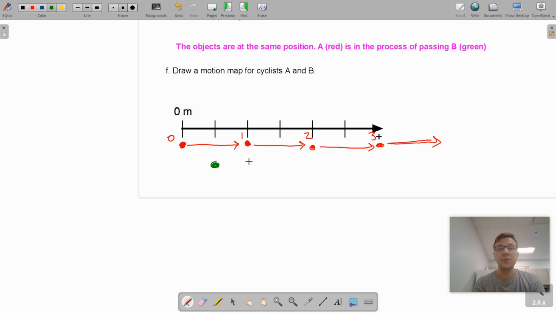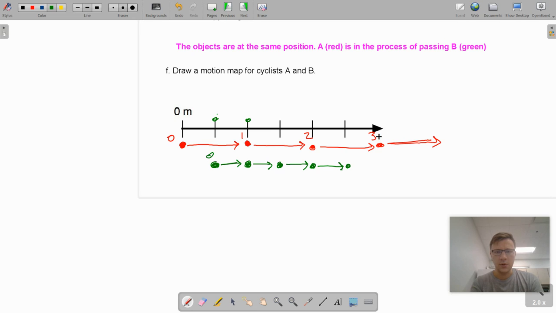And since this one is moving slower, notice that the distance between the dots is less. So for the red dots, I put 2 ticks in between. But for the green ones, we're only going to put 1 tick in between there. So it looks something like this. Okay.